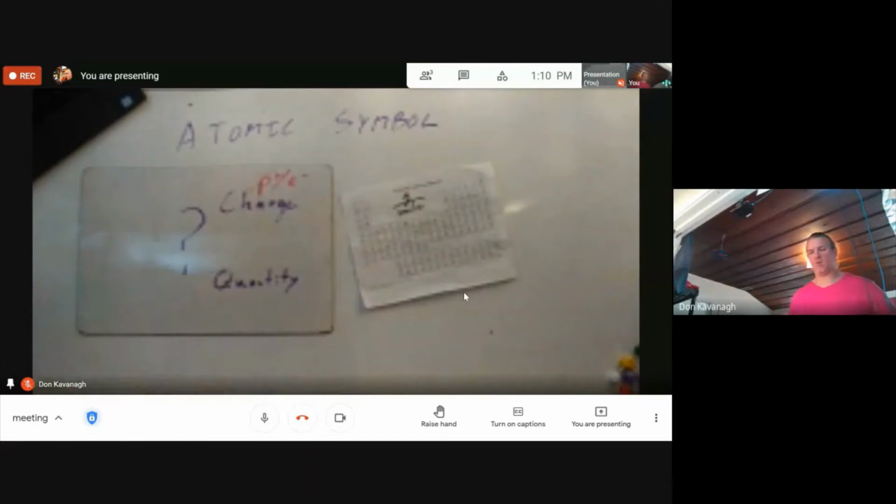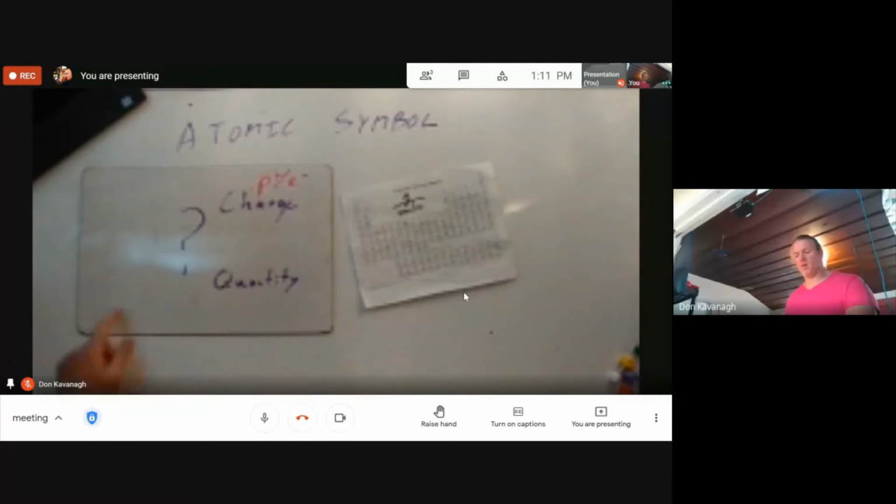If there are more electrons than protons, it'll have a negative charge. And that's true with everything in the universe. Anything that has a positive charge has lost electrons. Anything that has gained electrons has a negative charge, even like the clouds in the sky when it comes to lightning bolts.